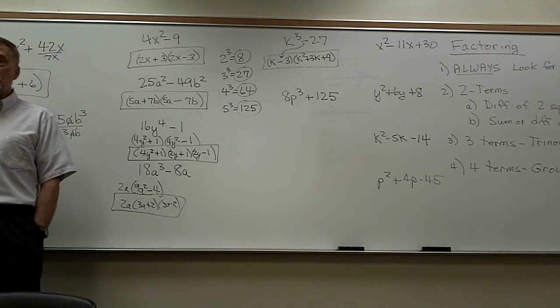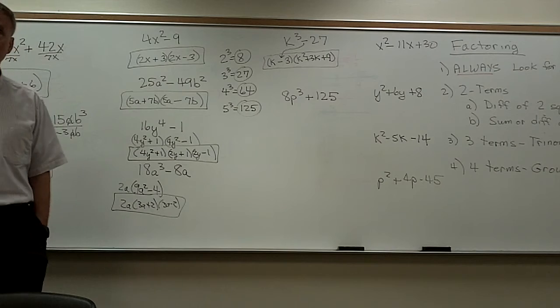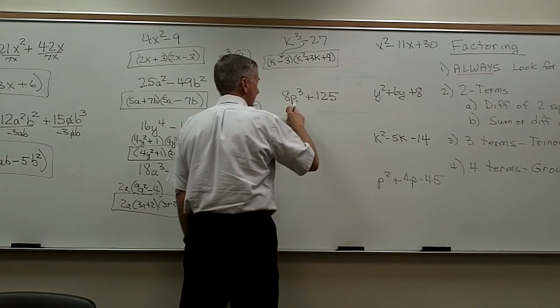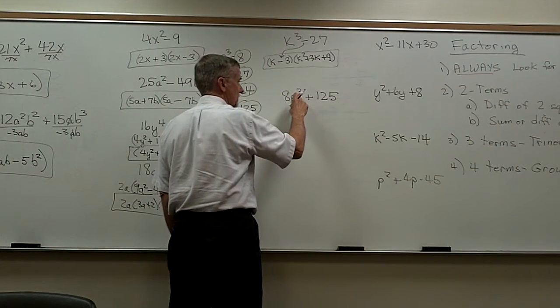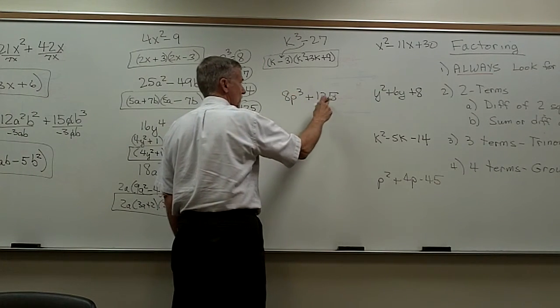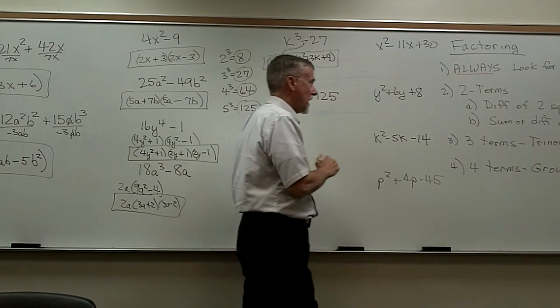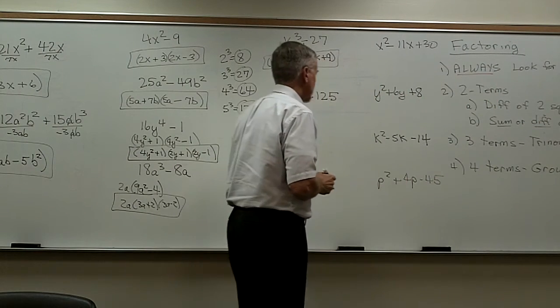Now, fortunately, when you're dealing with cubes, the pattern is the same whether it's a sum or difference. The only thing it changes is the signs. So down here, I have 8, which is a perfect cube. I've got an exponent of 3, so it's a cube. 125 is a perfect cube. It is a sum. So we said it's okay to do either the sum or the difference of 2 cubes.